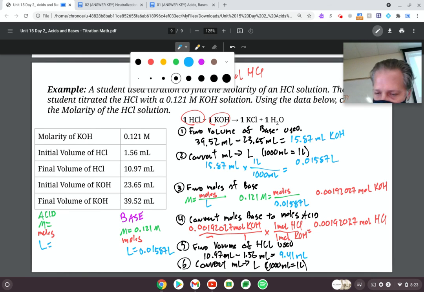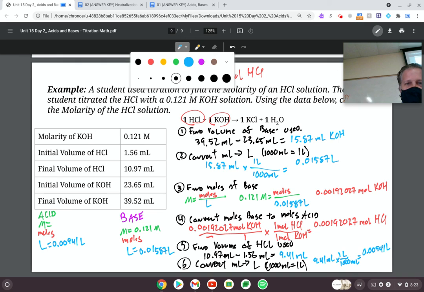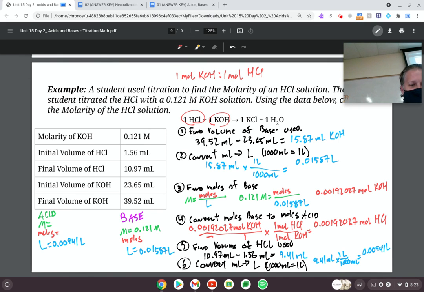So I'll do that over here in the corner. 9.41 milliliters, 1 liter over 1,000 milliliters gives me 0.00941 liters. So now I know the volume, which is 0.00941 liters. I know the number of moles because we converted that, which is the 0.0019227. And the problem is asking me to solve for molarity of acid.